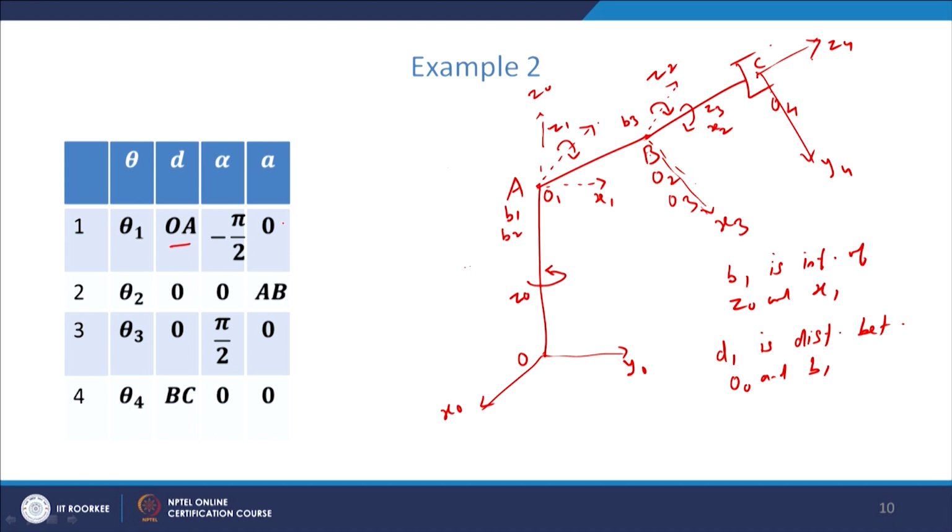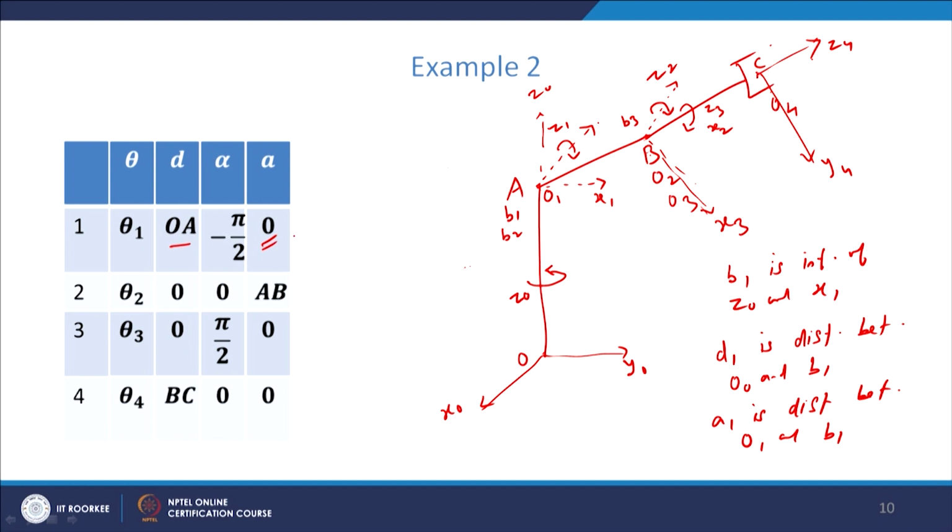And similarly we can easily see a1 is the distance between O1 and B1. So, here we can see that O1 and B1 are at the same place. So, the a1 value is 0.